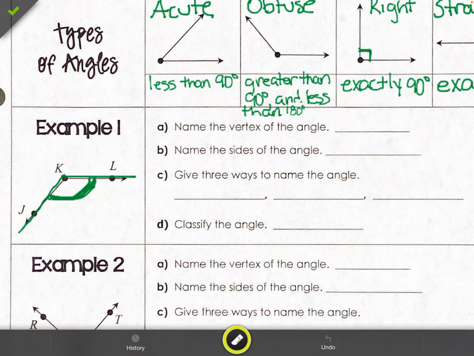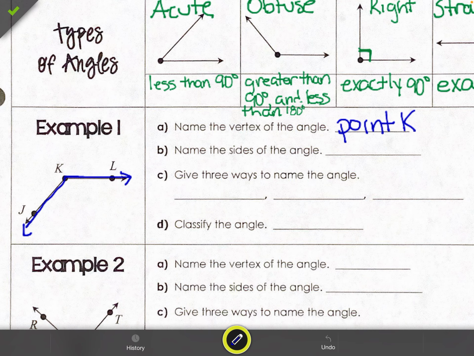So there's my angle. So your vertex is where your two rays meet, the point they have in common. So here's my one side. Here's my other side of my angle. So point K is my vertex.